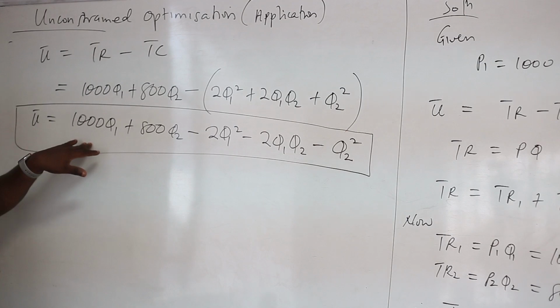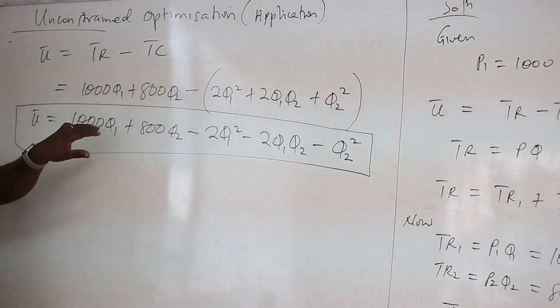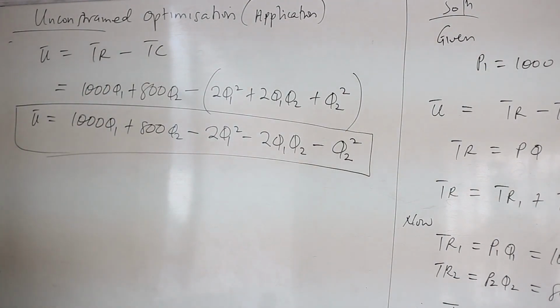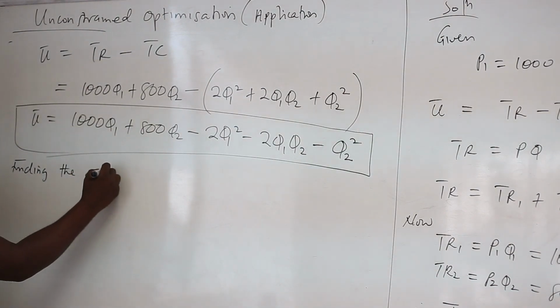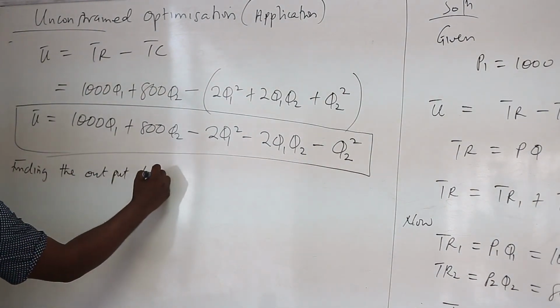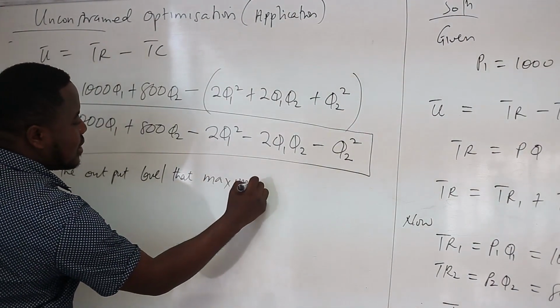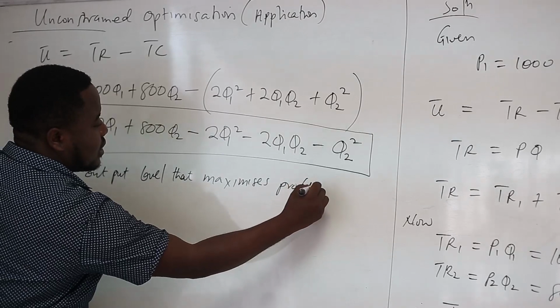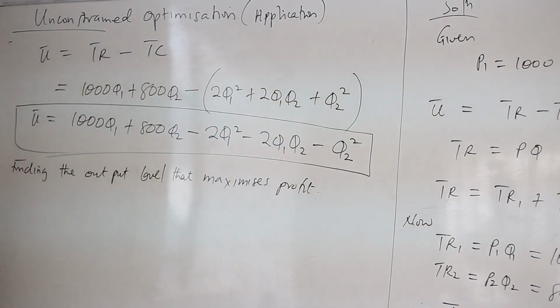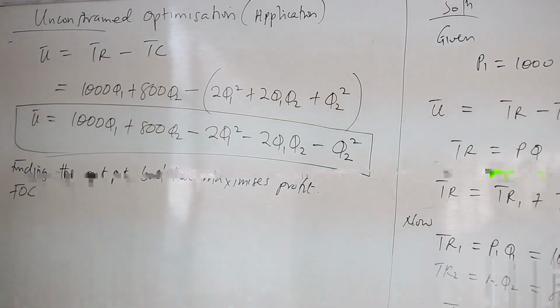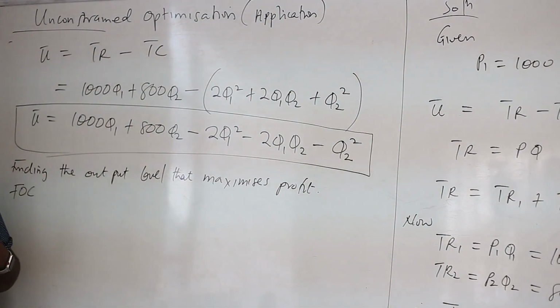So this is where we apply the first and the second order conditions. Okay? So finding the output level that maximizes profits. So first order conditions. What we have to do is first state the first order conditions.